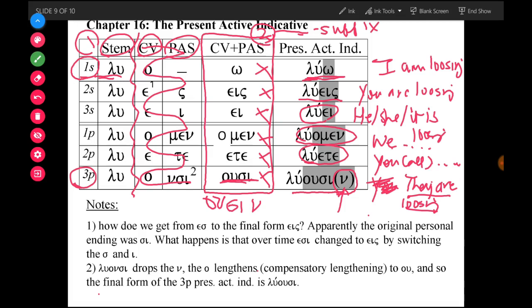There used to be a reason why the nu was there in classical Greek. It was because if the word following after it began with a vowel, sometimes the nu was inserted for pronunciation's sake. It was easier to say luousin plus agape than to say luousi and have another vowel begin right after that.